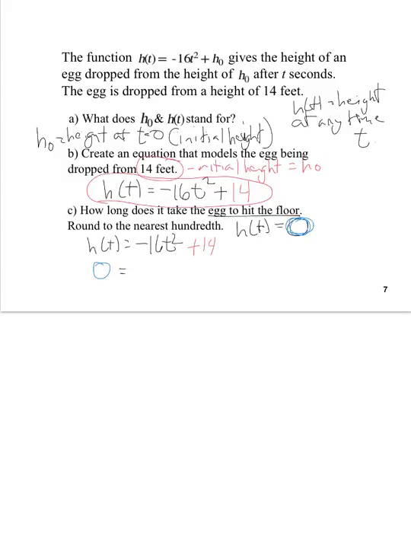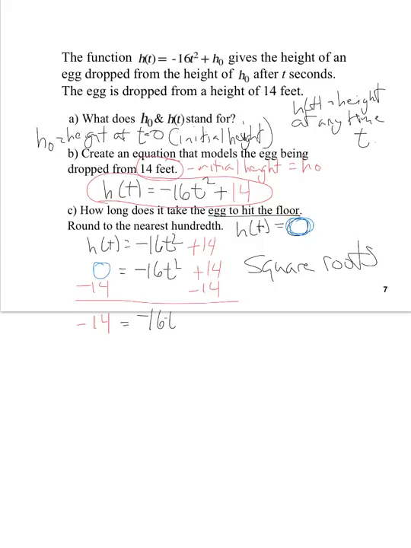So 0 will be equal to negative 16t squared plus 14. To solve this problem now, I'm going to use the method of square roots. I'm going to subtract 14 from both sides, and I get negative 14 is equal to negative 16t squared.